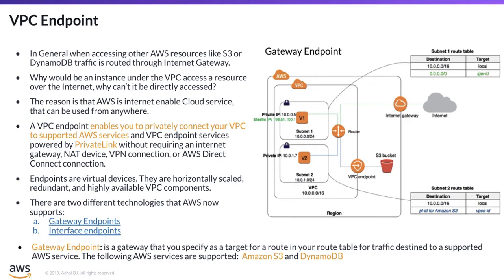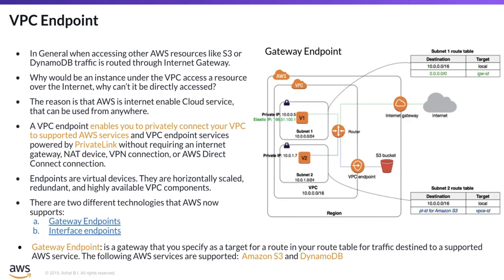There are mainly two different technologies, or two different ways, you can connect to AWS resources. One is gateway endpoints and another is interface endpoints. Gateway endpoints are basically very similar to an internet gateway, but it has a route table which routes the traffic to only two services: Amazon S3 and DynamoDB.